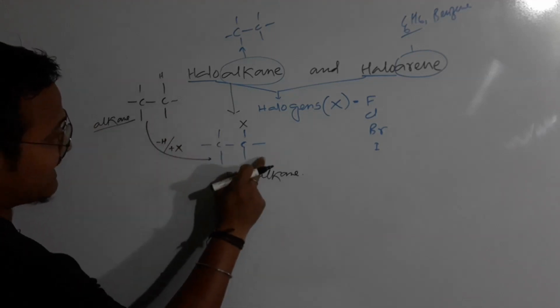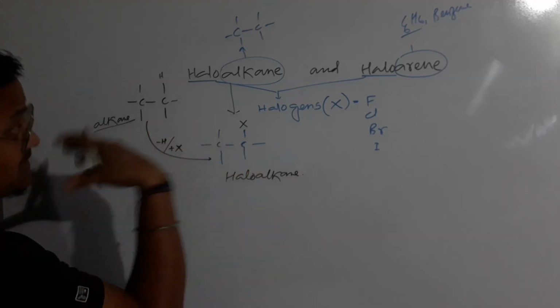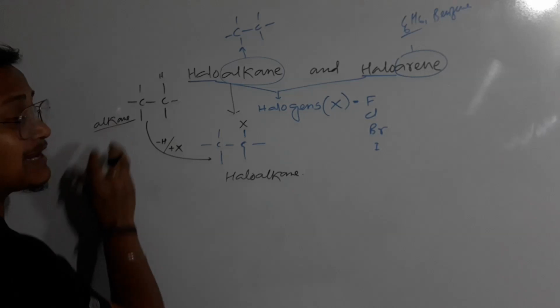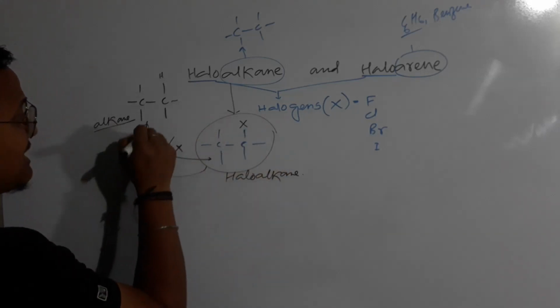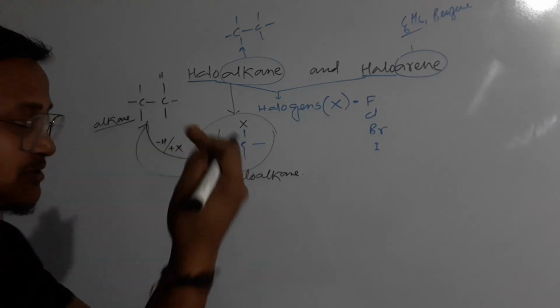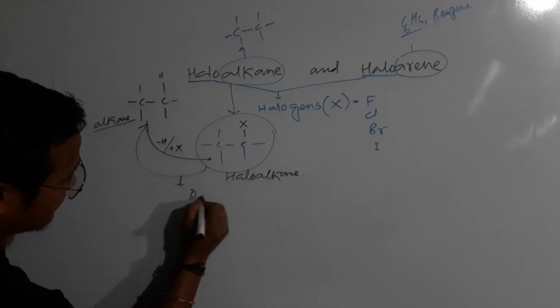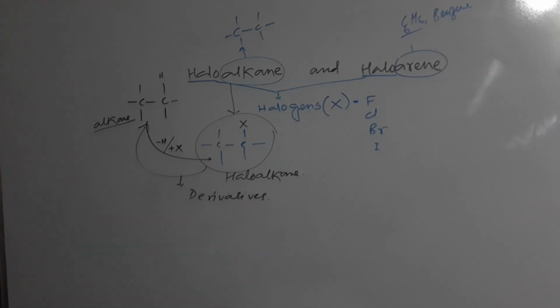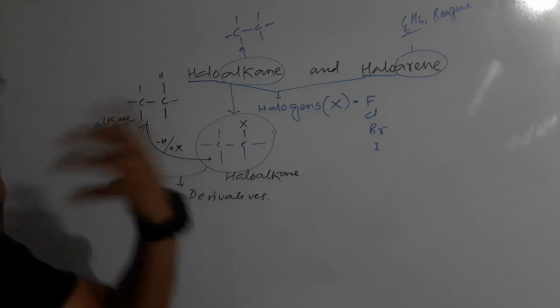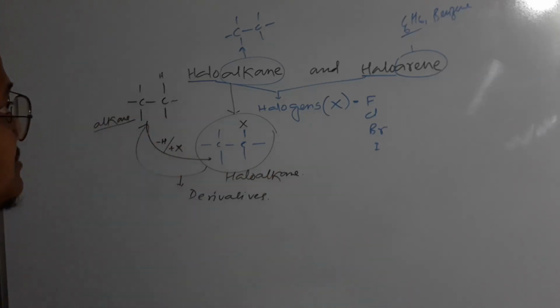As haloalkanes are obtained from the alkane compound, this compound is known as a derivative or substituted product. So we can say haloalkanes are the derivatives of alkane compounds.